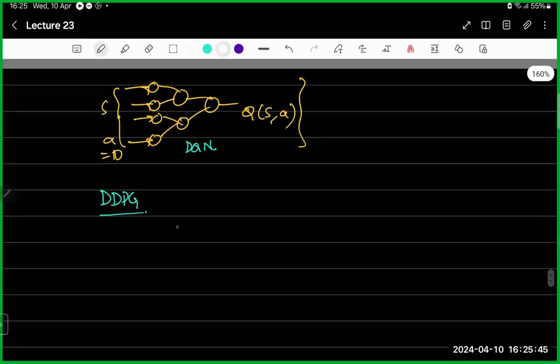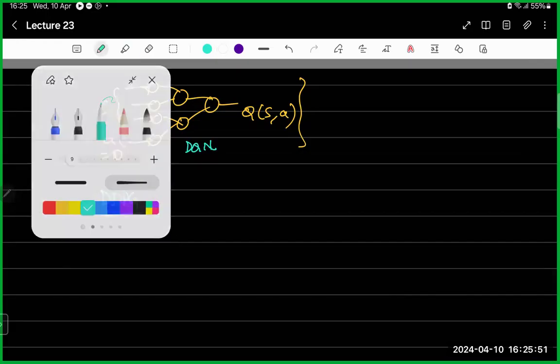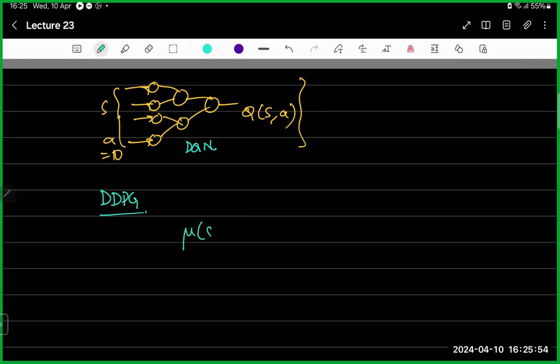we want to learn a mapping from state to action. This is like learning a policy itself. Let's say you have some current Q function and you want to find this thing. This is our main problem, right?